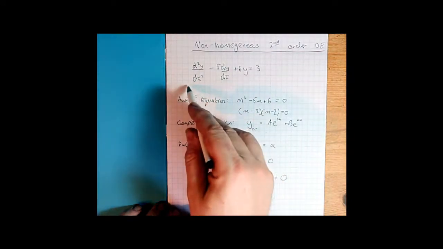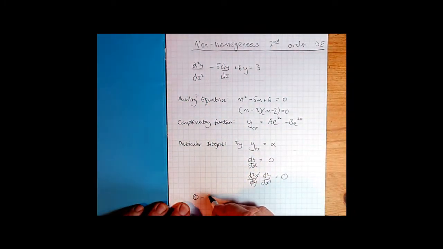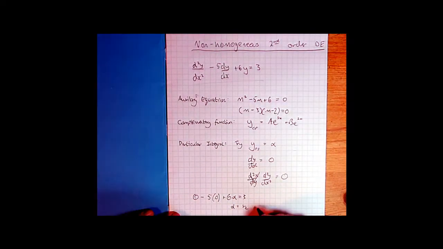And then if I sub into the original equation, I get 0 minus 5 lots of 0 plus 6 alpha is 3. So alpha is a half. That means that my particular integral is a half.